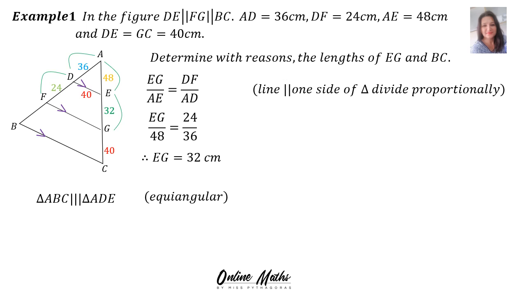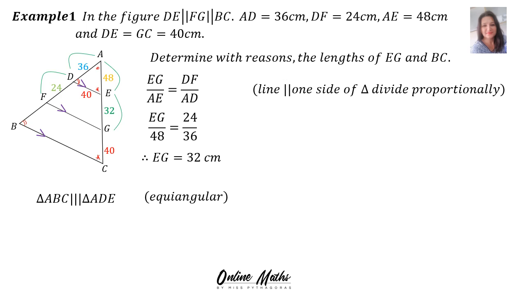If you go to the triangle, you can see that angle A is the common angle, and then D will be equal to B, corresponding angles, and angle E is equal to C. They are also corresponding angles. Therefore, the two triangles are similar.